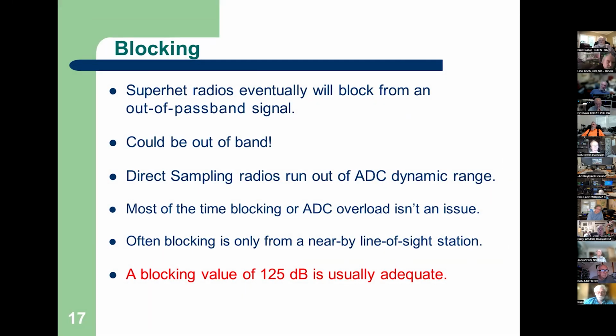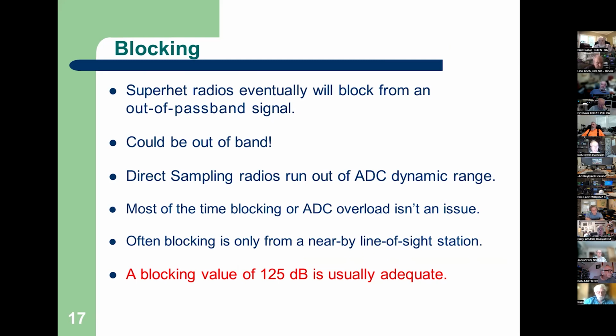Blocking. Superhet radios will block eventually from an out of passband signal. It could be out of band. And the direct sampling radios, instead of generally blocking, run out of ADC dynamic range. For most of us, most of the time, blocking or ADC overload isn't an issue. I think for the most part, it's if you've got another ham line of sight.